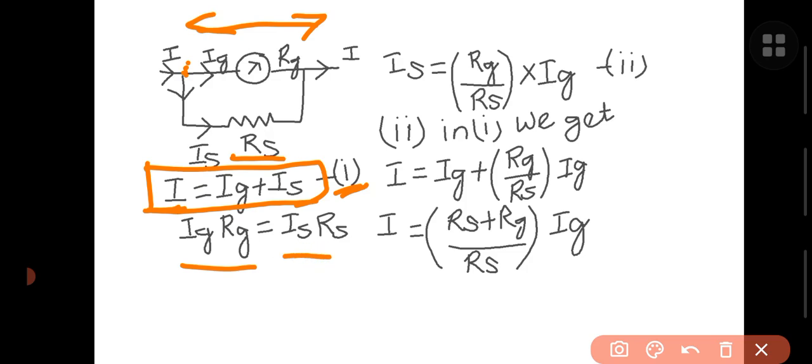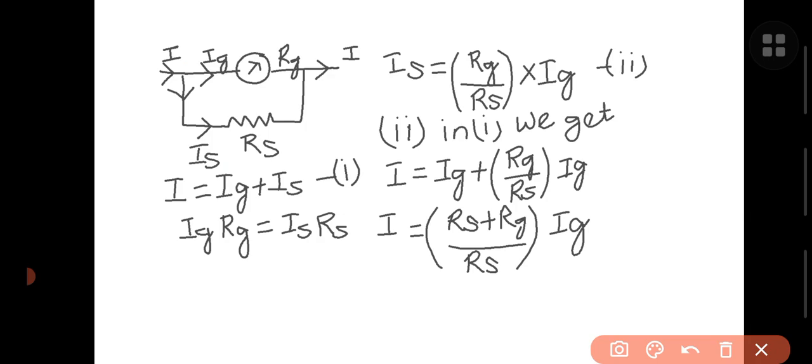From this, Is is calculated as Rg by Rs times Ig. This is equation number 2. Now substitute 2 in 1, we get I equal to Ig plus Rg divided by Rs times Ig. So I is calculated as Rs plus Rg divided by Rs times Ig.